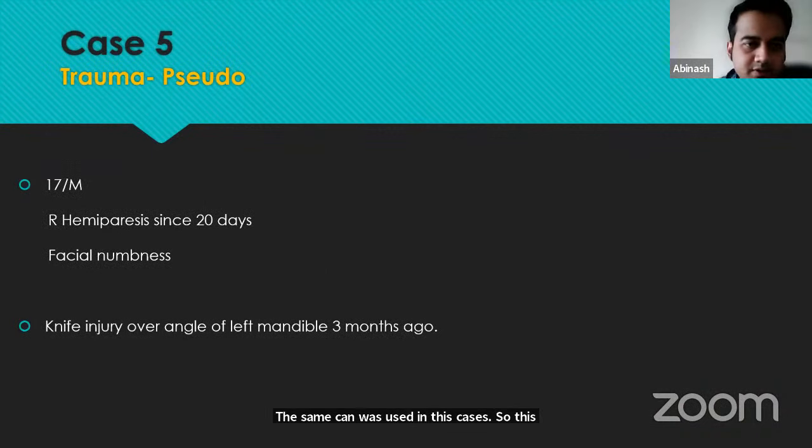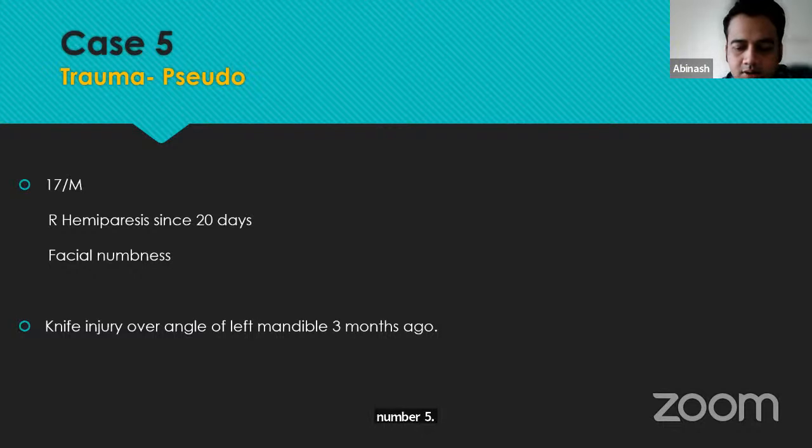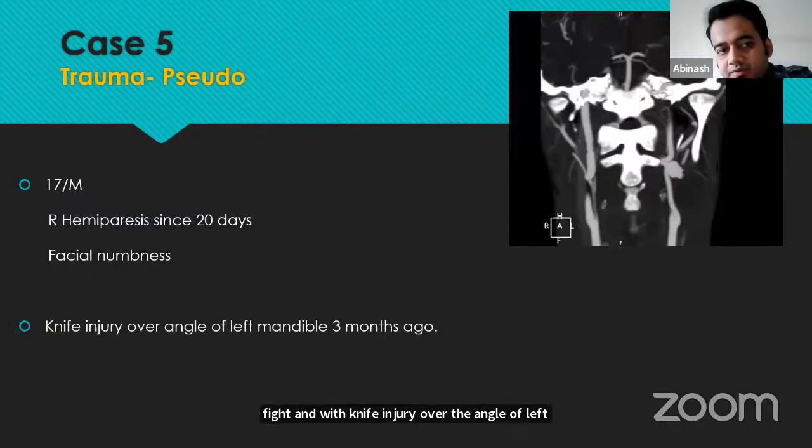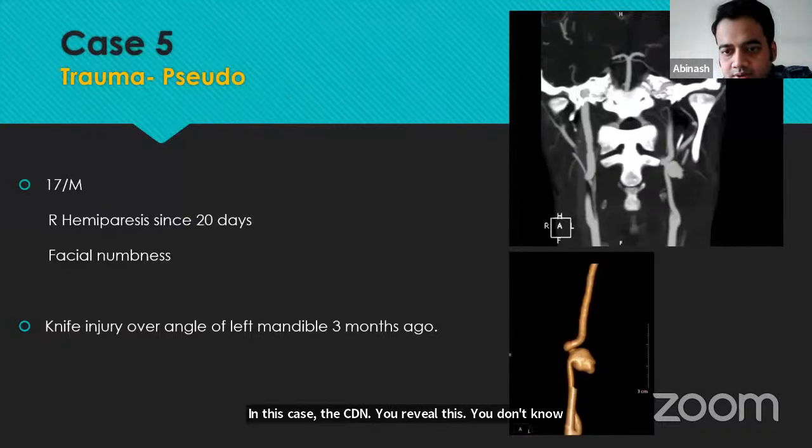So this is case number 5, a traumatic pseudoaneurysm, a 17-year-old male who presented with sudden right hemiparesis 20 days after a fight, with facial numbness. He had a knife injury over the angle of left mandible 3 months ago. In his case, the CT angio revealed this pseudoaneurysm in the ICA, distal to the bifurcation.